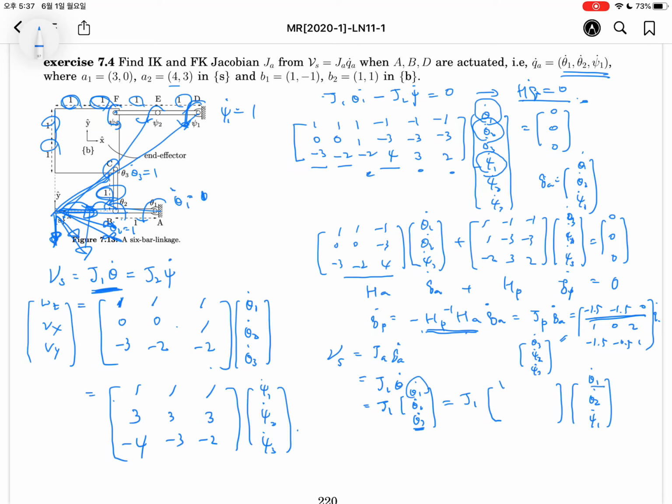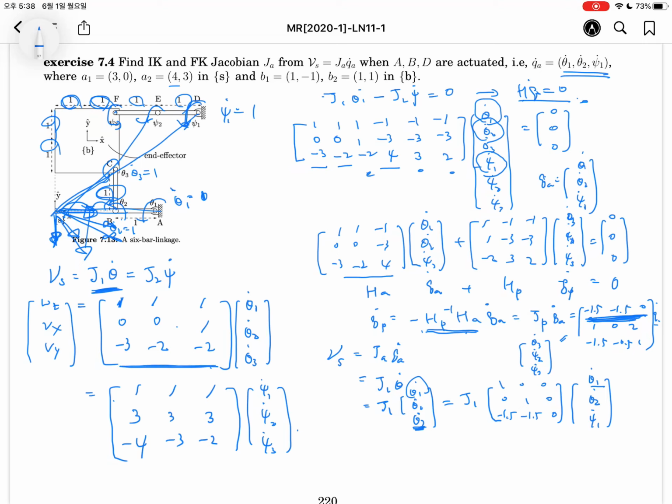So theta 1 dot is equal to theta 1 dot, it implies 1, 0, 0. Theta 2 dot is the same, so 0, 1, 0. Theta 3 dot should be expressed using Q A dot, so this element should be added here: minus 1.5, minus 1.5 and 0.